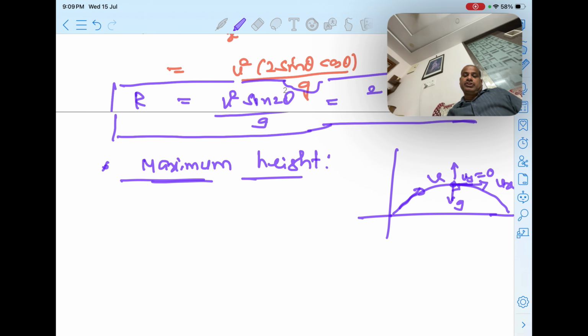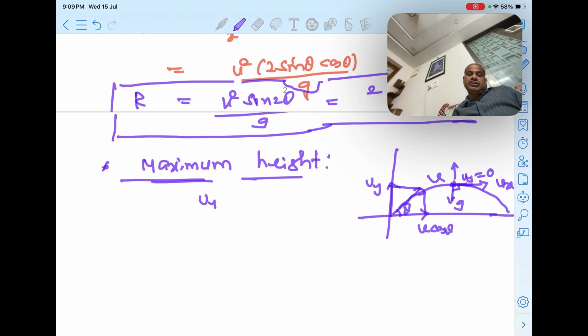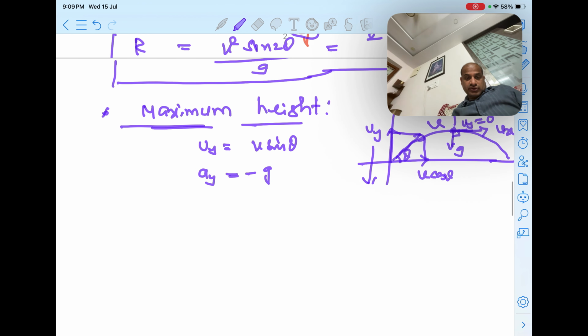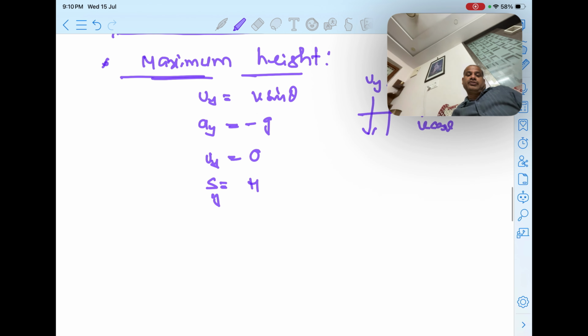Okay. Now our aim is to find the height. Initial y direction velocity uy is u sin theta, and x direction you all know, u cos theta for this angle theta. So in y direction initial velocity is u sin theta, gravity acting downward, ay is minus g. Now final velocity in y direction becomes 0 and displacement in y direction is h.